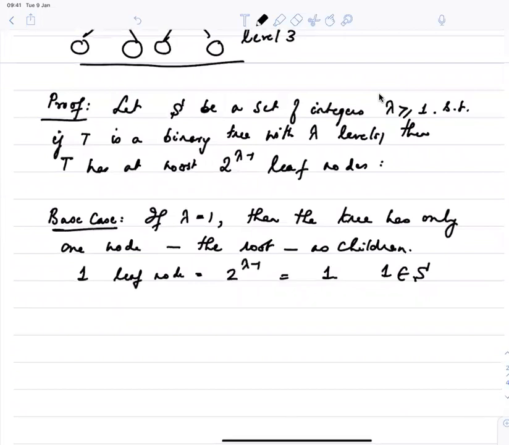Let T be a tree with, okay, I forgot to give the hypothesis.